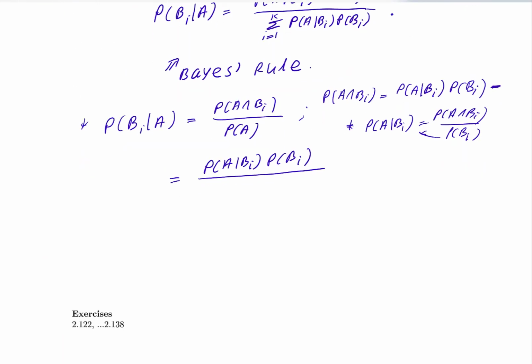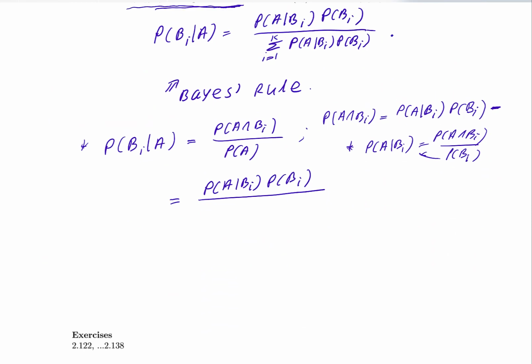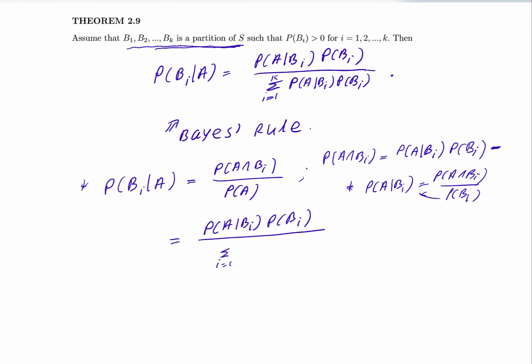So this equals the summation i goes from 1 to k of P(A given Bi) times P(Bi). So that is the Bayes theorem. In my next video, I will explain some exercises.